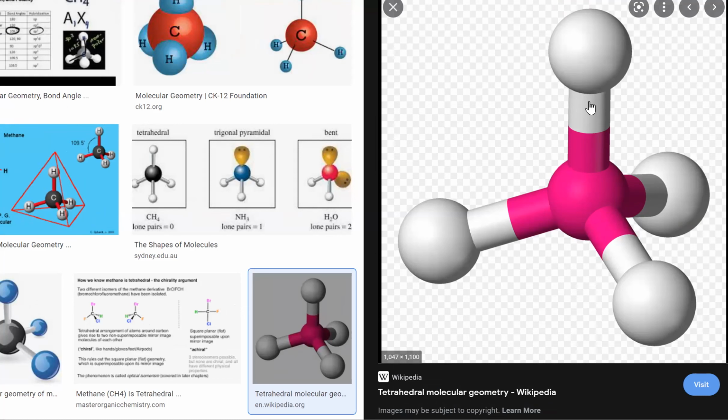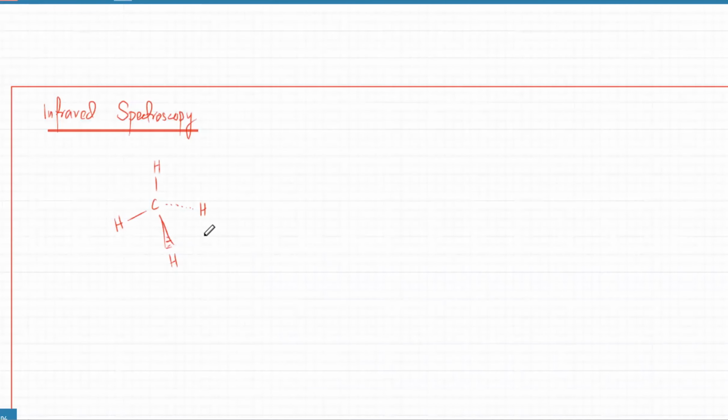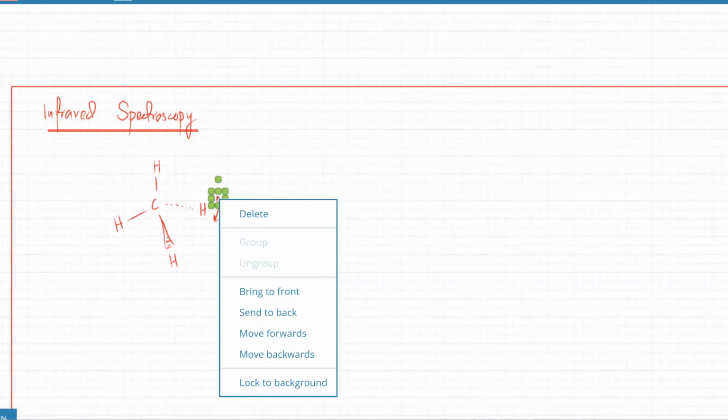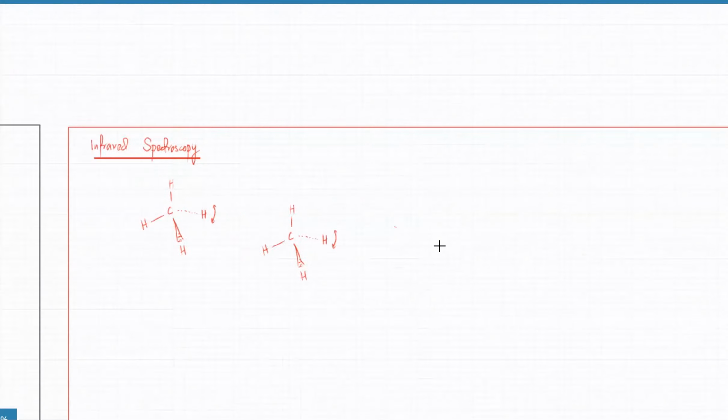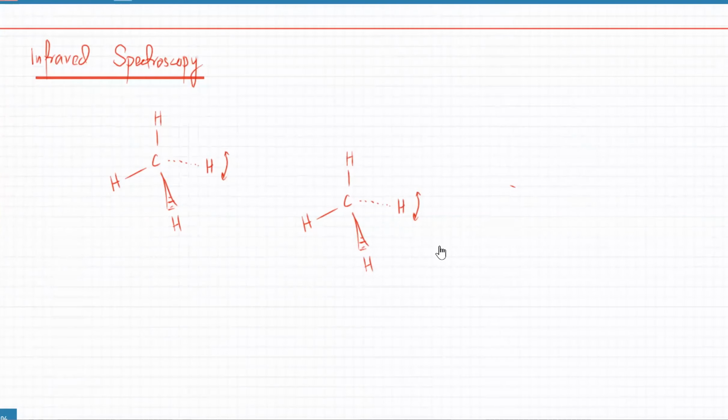What happens is that the bonds are not always rigid. If you take any molecule in any shape, the bonds vibrate. Why? Because the molecules are always flying around and colliding with other particles. There are lots of CH4 molecules bumping into each other and into the walls of the container, and the bonds are always stretching and compressing.